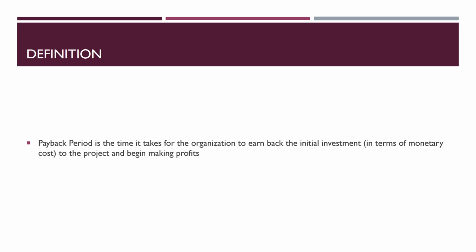So if there is a project which had a cost of, let's say, 10,000 US dollars, what is the time for the organization to earn those $10,000 back and after that start making profits? So the time that is required for the organization to earn those $10,000 back is the payback period. All right, so now I think it's much clearer to you why payback period matters, right?